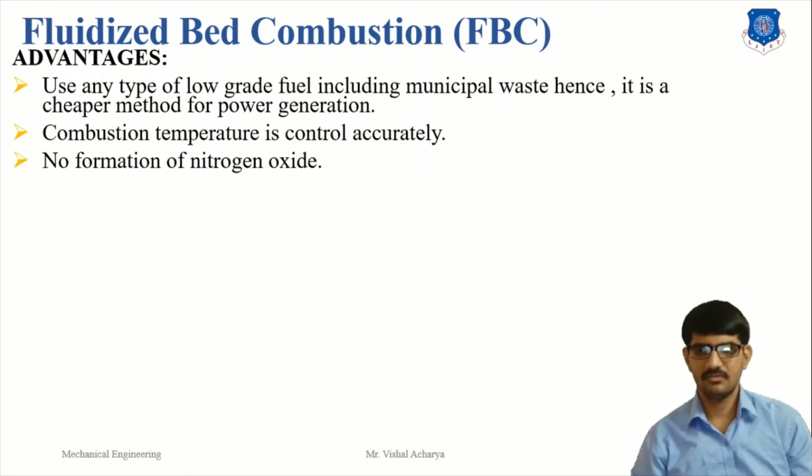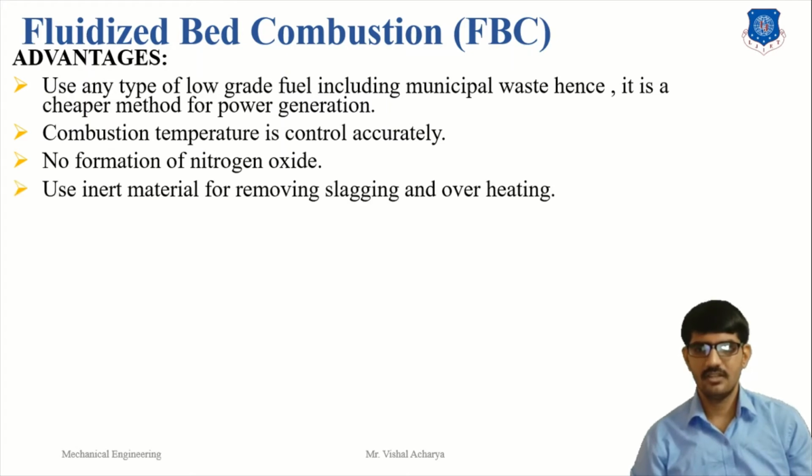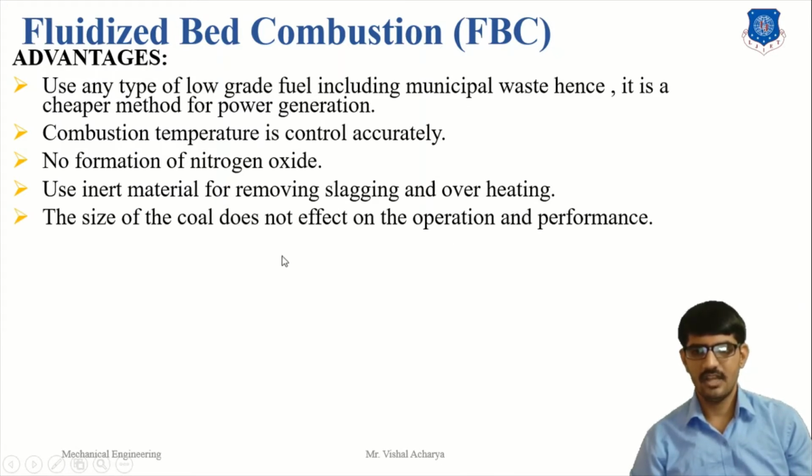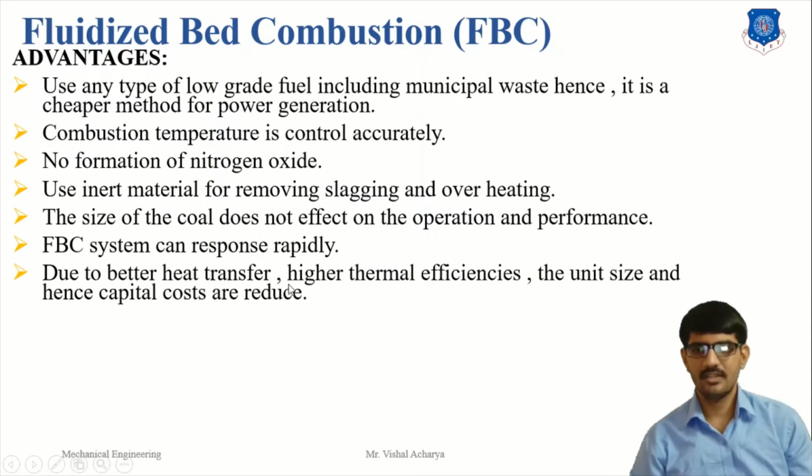There is no formation of nitrogen oxide, and the use of inert material removes slagging and overheating problems. The size of the coal does not affect the operation and performance, so you do not require pulverized coal, and the preparation cost is negligible or minimum. The FBC system can respond efficiently, so variation of load is easy and the system is flexible. Due to better heat transfer and higher thermal efficiency, the unit size and capital cost are also reduced.